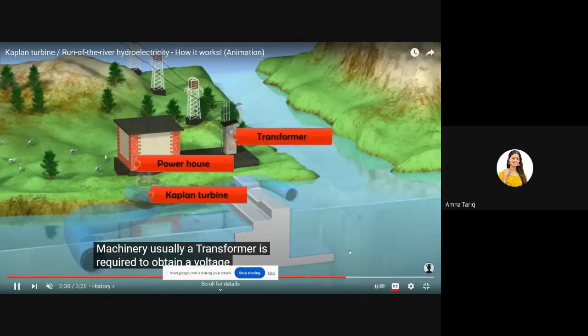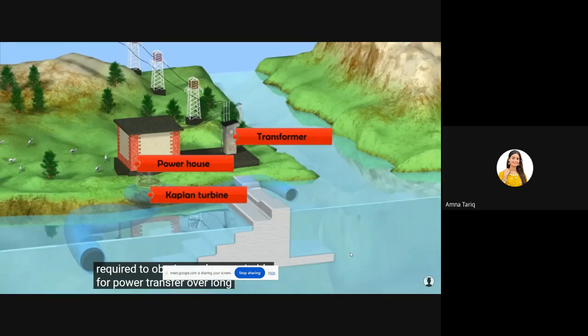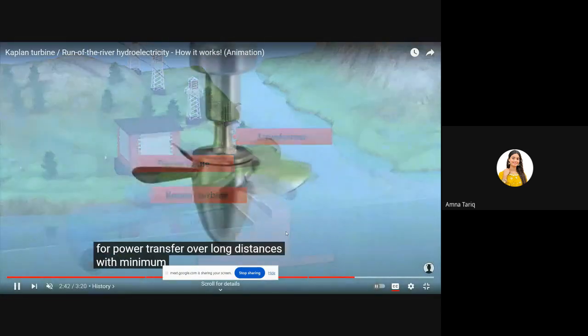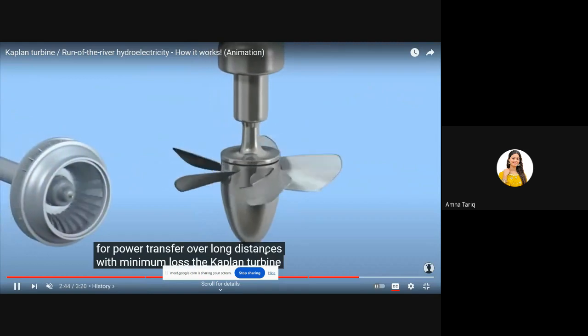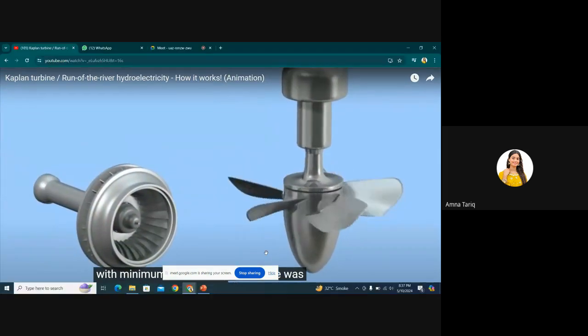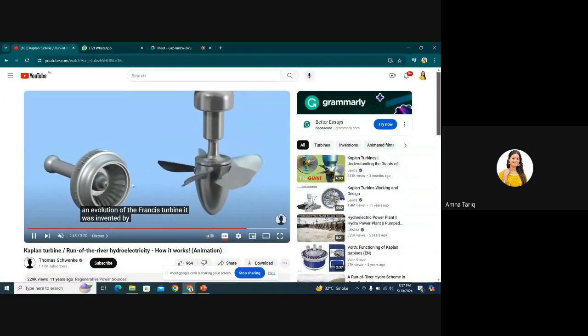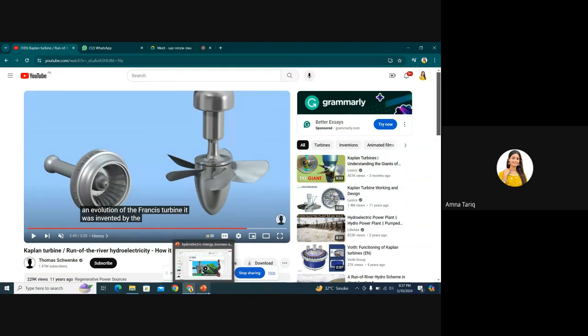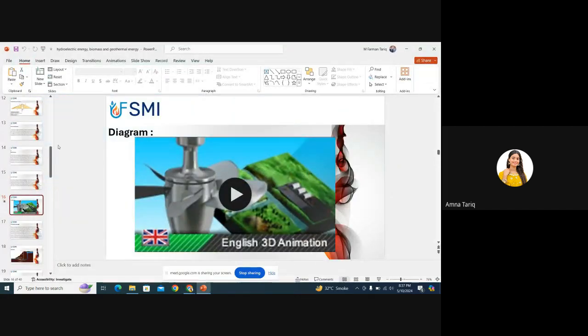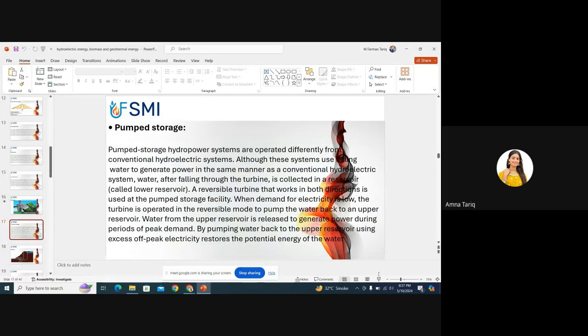So this is a transformer, powerhouse, Kaplan turbine. Okay, in this video, we understand the working process of run-of-river.